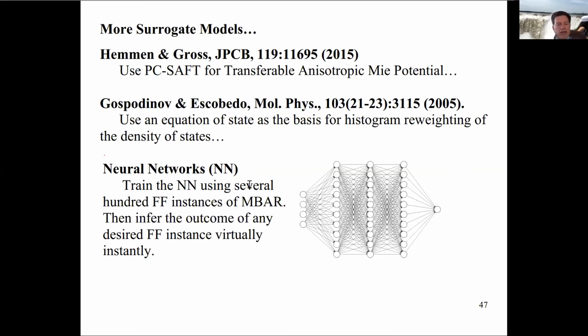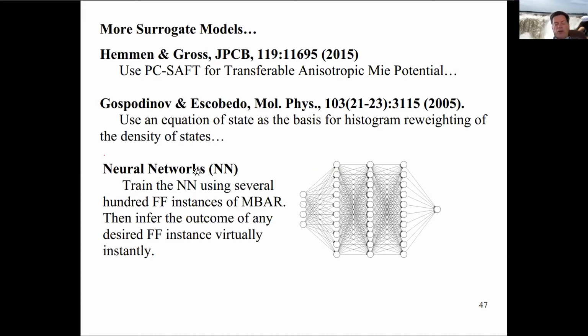Well, another jazzy thing that people are getting into these days is neural networks. So maybe you could train the neural network using MBAR, but just do it for several hundred instances of the force field.